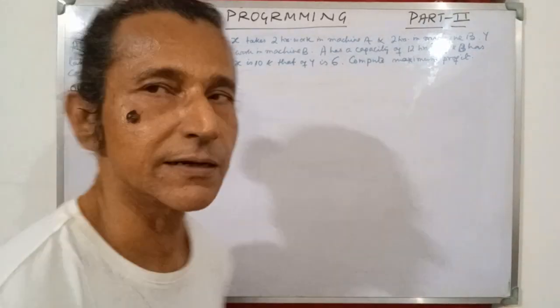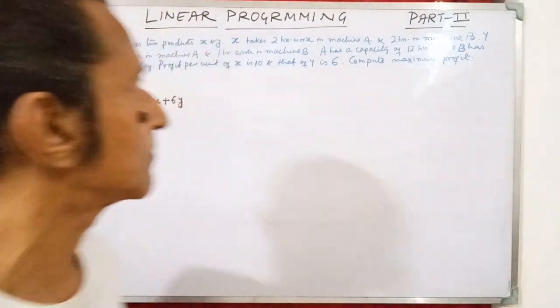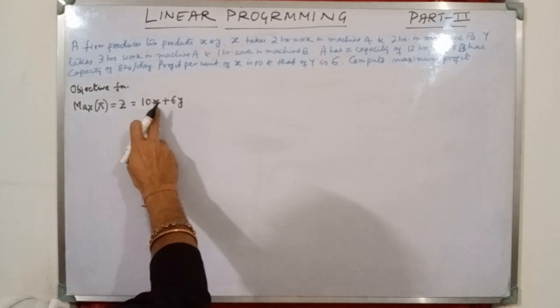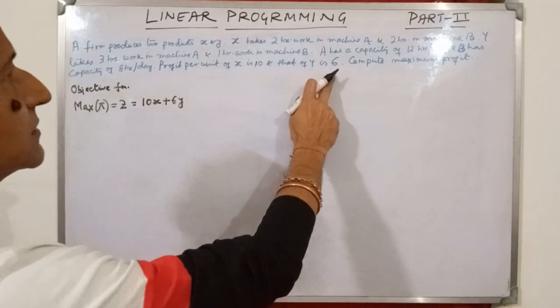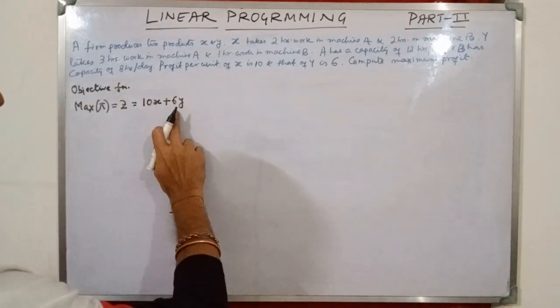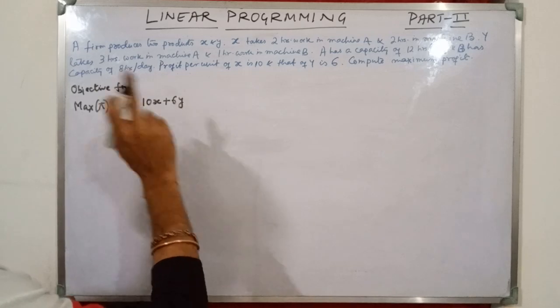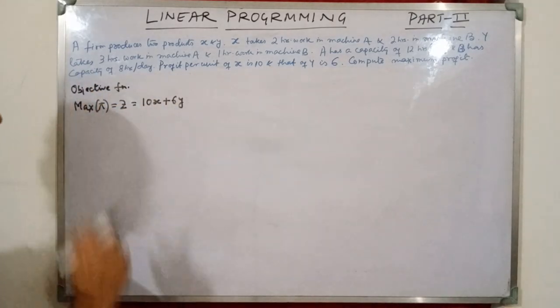X and Y are the number of units of products X and Y respectively. We have assumed that profit per unit of X is 10, that is, 10x is the total profit from X, and profit per unit of Y is 6, so total profit from Y is 6y. So total profit becomes Z equals 10x plus 6y. We have to maximize this, maximize Z.